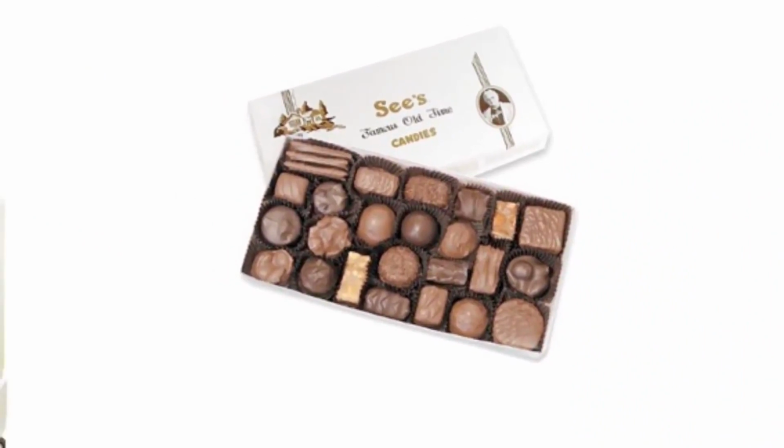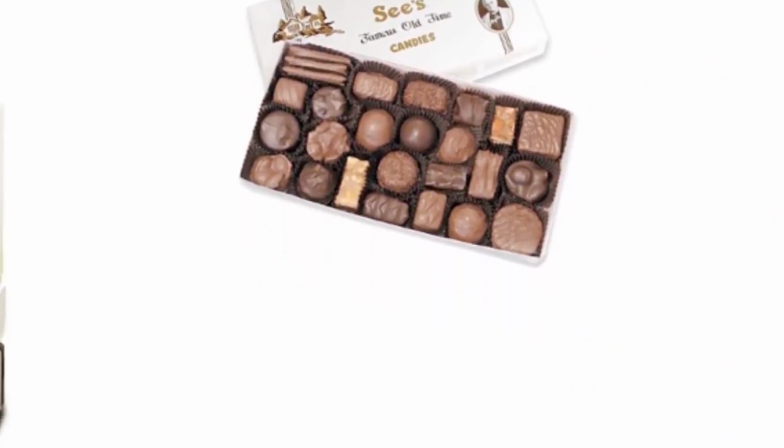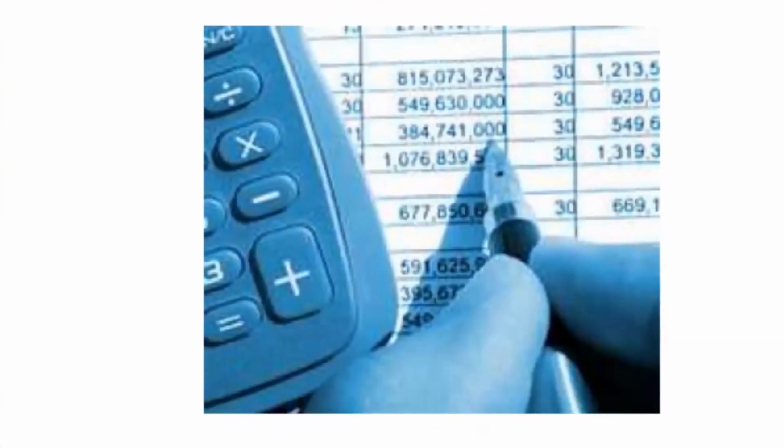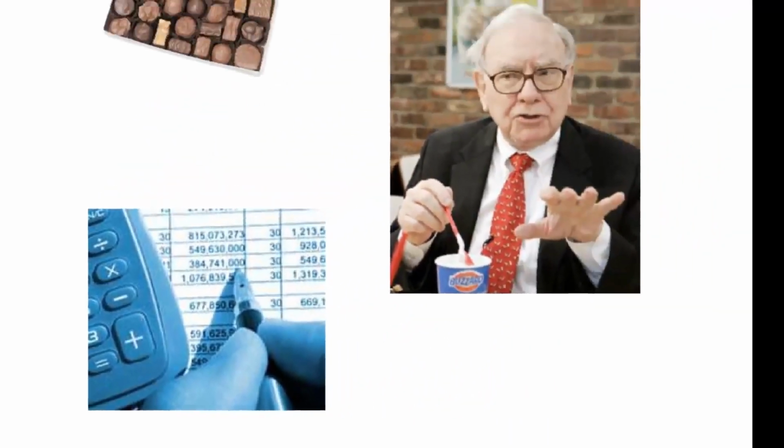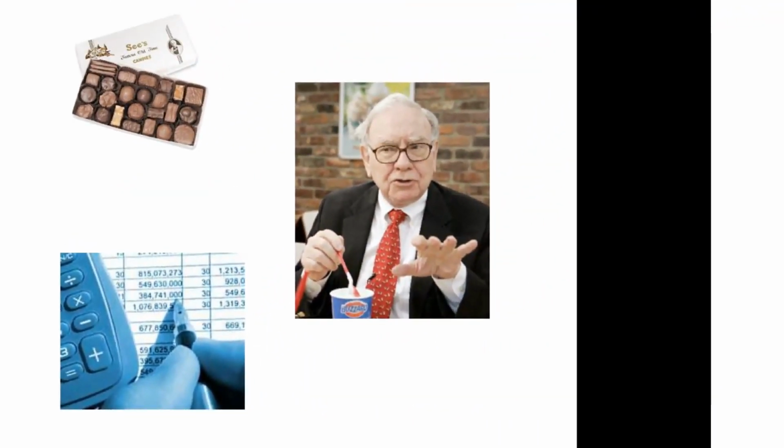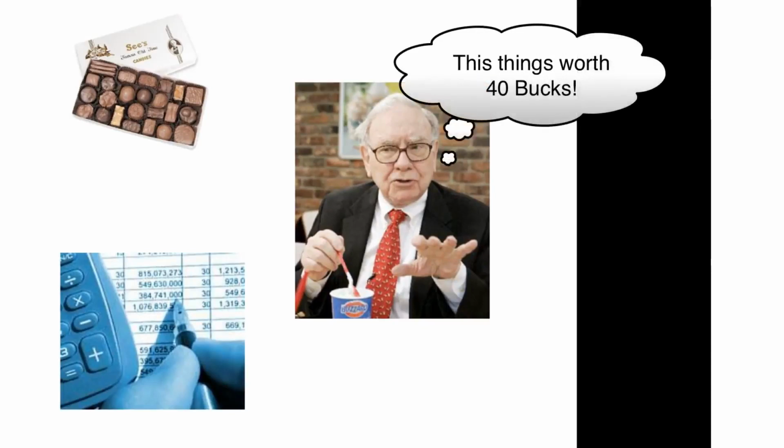Okay, so I'm going to walk you through a scenario here so that we can see how Warren Buffett invests. When Warren Buffett conducts value investing, it would go something like this. Wow, look, here's a company called See's Candy. I'm going to look at all their financial information and determine what I think this company is worth. After a little analysis, he determines that the company is worth $40 a share.